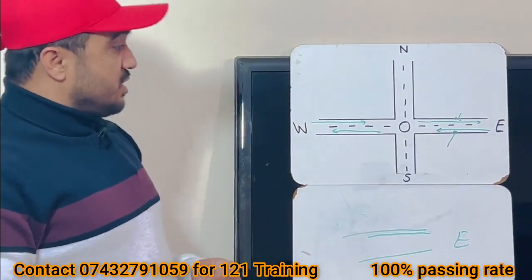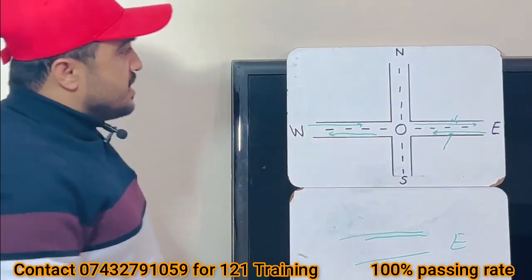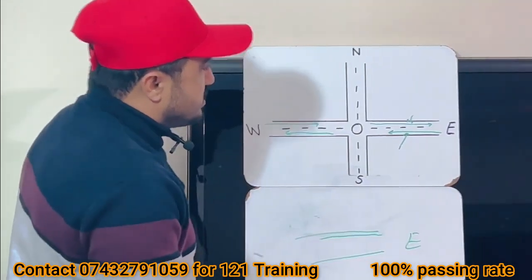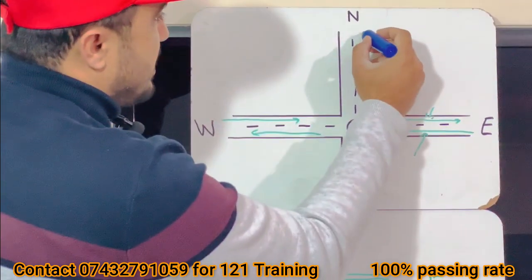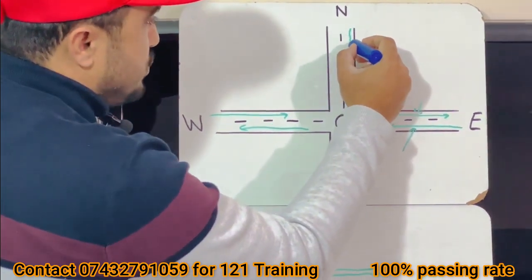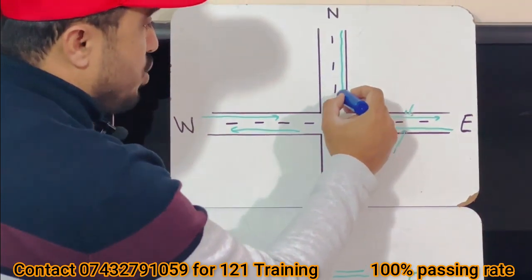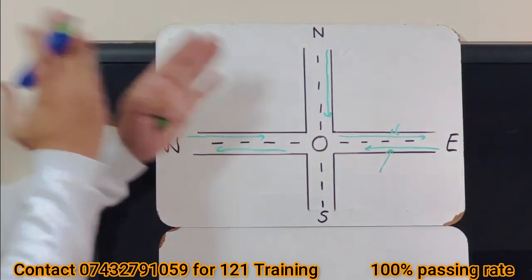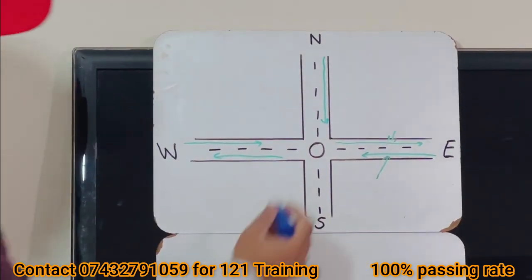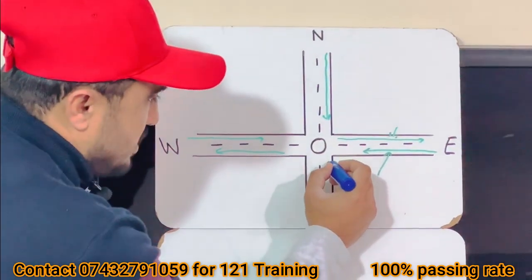Let's say you're coming from the north, meaning from the top and the bottom. When you're coming from the top, your left hand side is going to be over here. So this is your left hand side if you're coming from the top. And there are many ways to remember this one, meaning stay on the left hand side. So you just keep coming, and here as well.